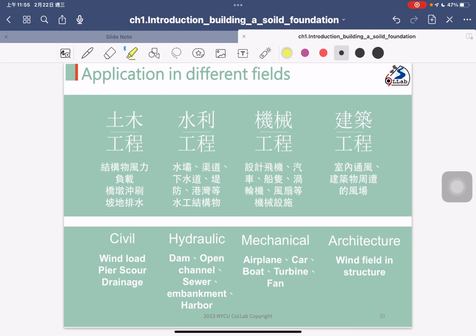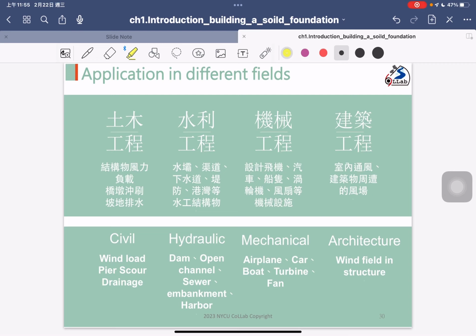You can see some problems are about pile, soil, and embankment, some problems for hydraulic and civil. But the mechanical department focuses on different topics, like the airplane problem, or the boat, or the turbine.